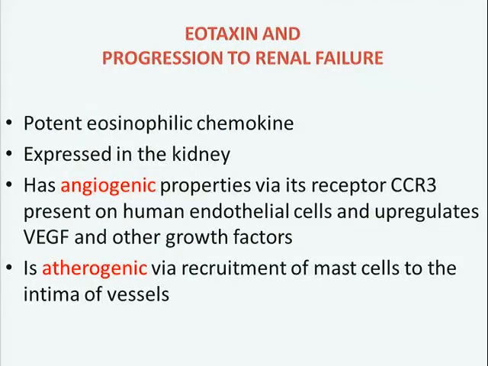So in that sense, it could be a source of interstitial fibrosis or glomerulosclerosis. And furthermore, it has been suggested that it is atherogenic by recruiting mast cells to the intima of vessels. So this taken as a whole makes it a possible candidate for promoting interstitial fibrosis in the kidney and leading to renal failure.